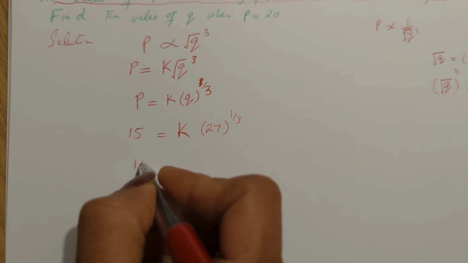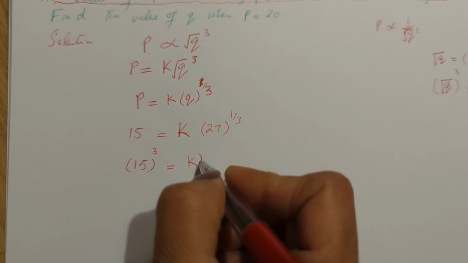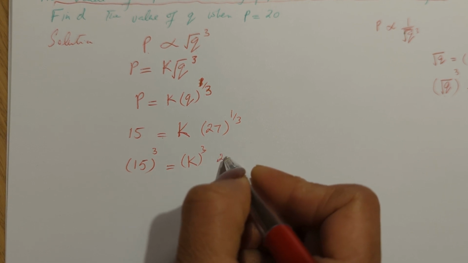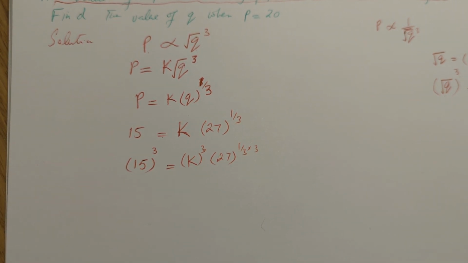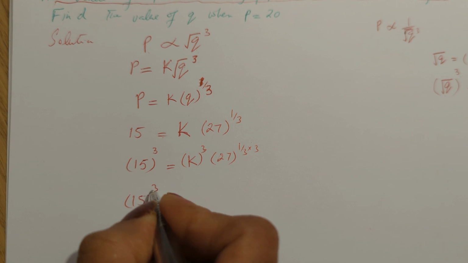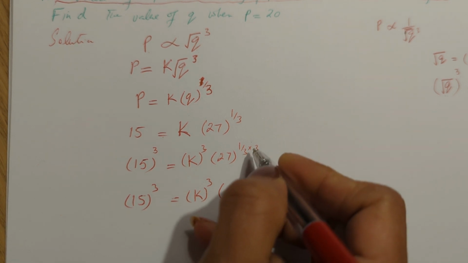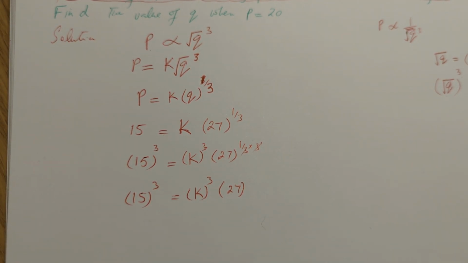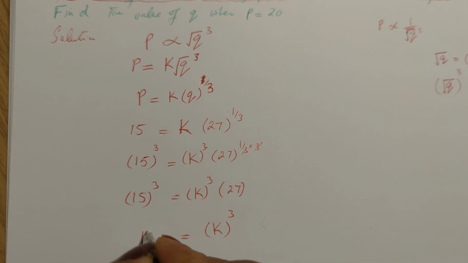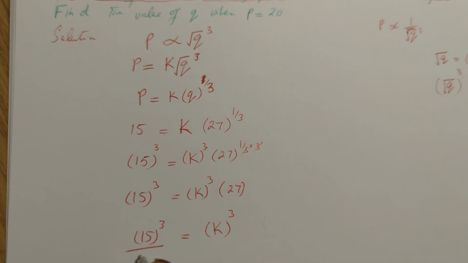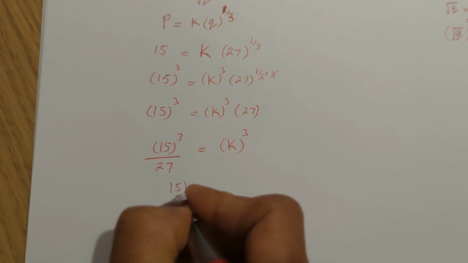After that, taking its power like only 3, what I will do, and it will become 27 because 3 will cancel each other. In the next step, this 27 will be divided here, right? I'm going to simplify it.